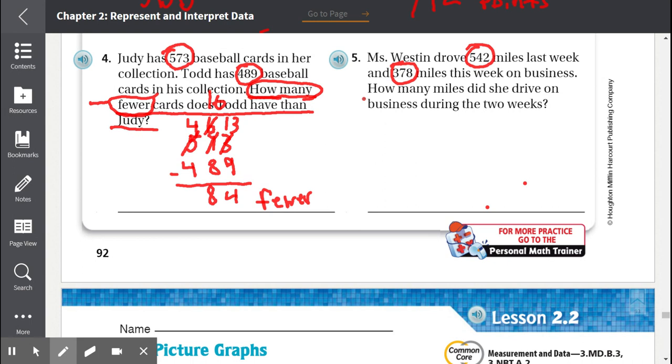And we underline our question, how many miles did she drive on business during the 2 weeks? So we know how many means to add. So I'm going to put a plus sign. So we're going to add both of the weeks. The first week was 542. The second week was 378.